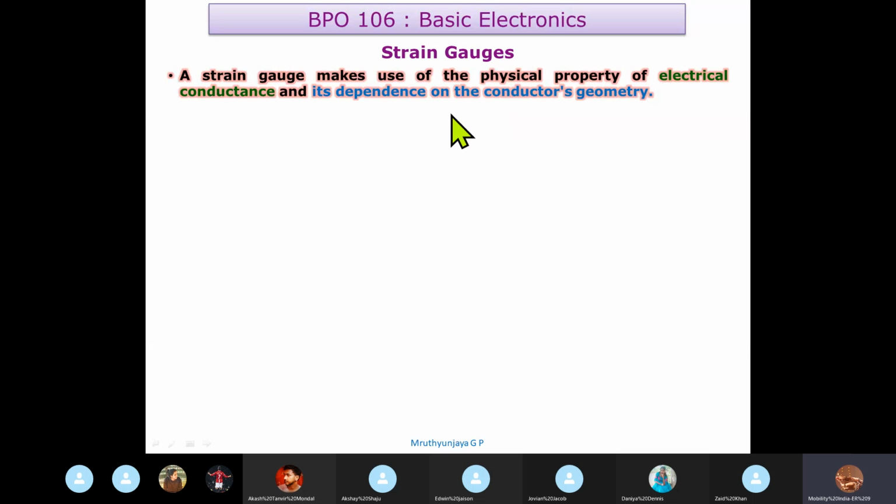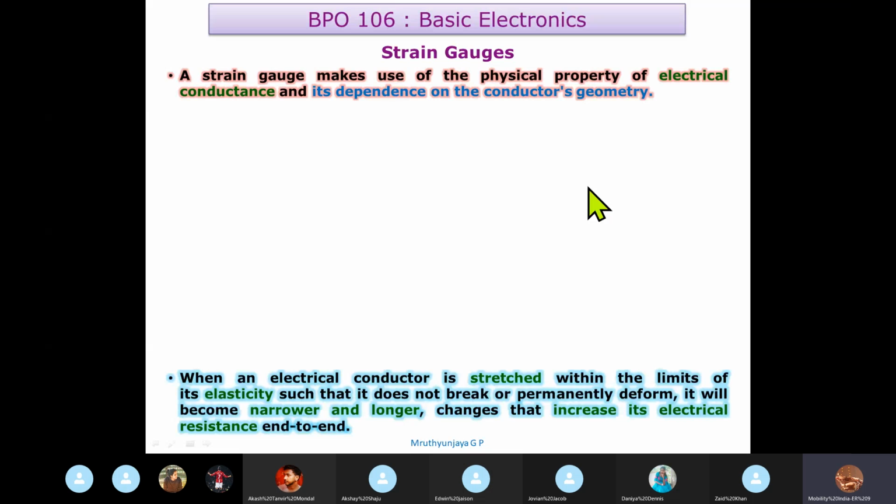What does it mean? When we say physical property, it is length and cross-section area. We saw it when we were discussing Ohm's law. We saw that R equals rho L by A is the concept that we discussed. We will see that here again.